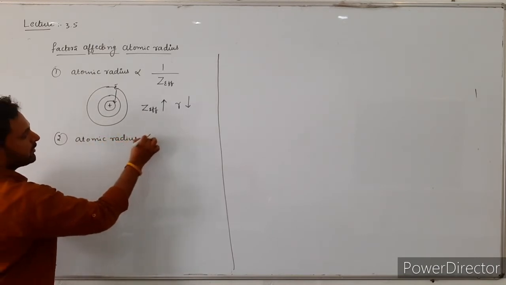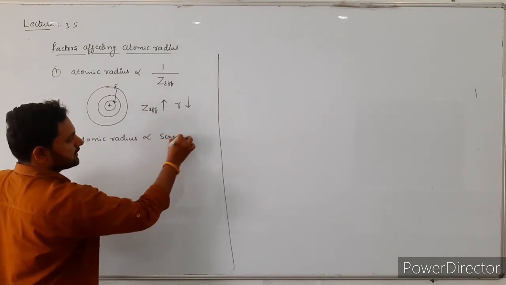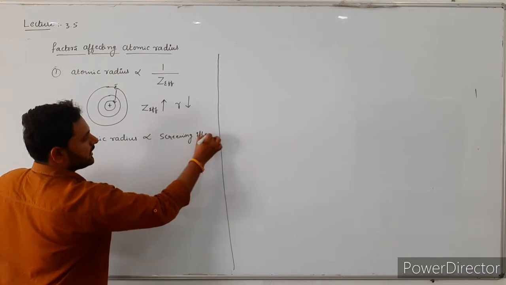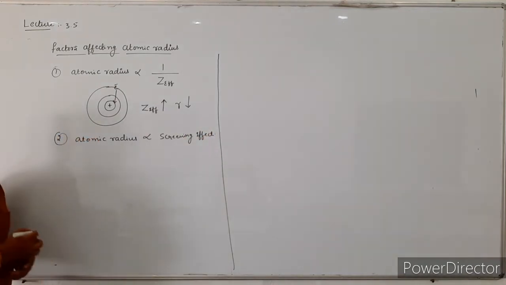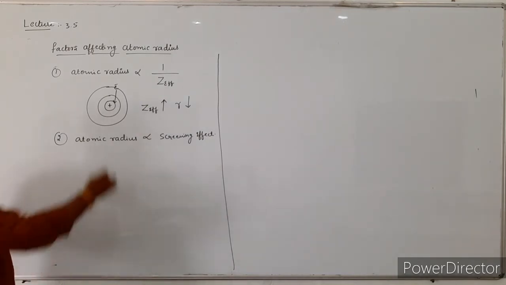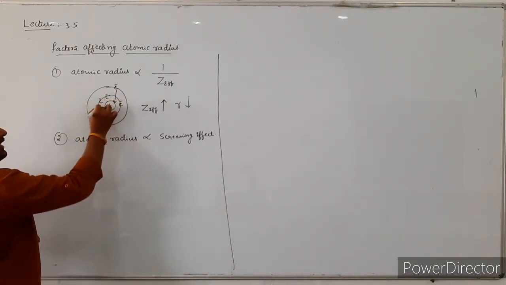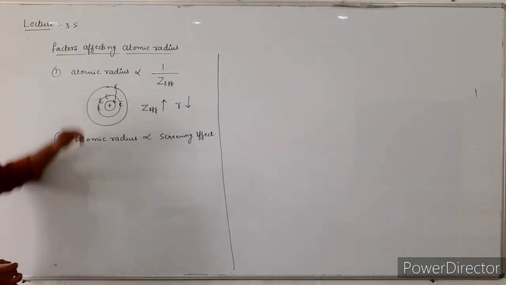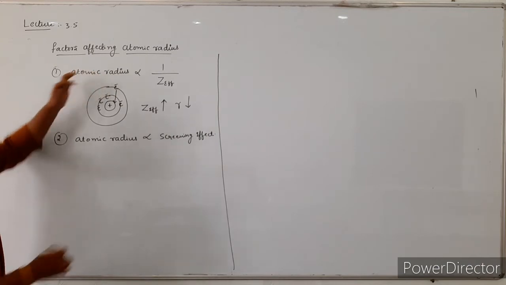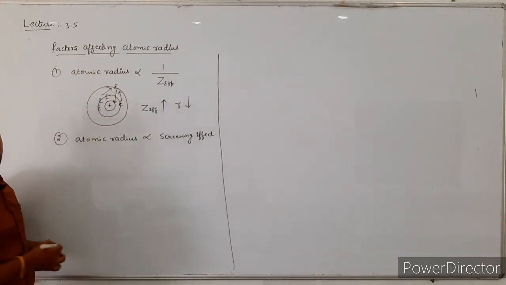Second one, atomic radius is directly proportional to screening effect. What is screening effect? The total repulsive force is called a screening effect. See here, if there are more inner shell electrons, what happens? They increase repulsion. All inner shell electrons repel the outer shell electron.